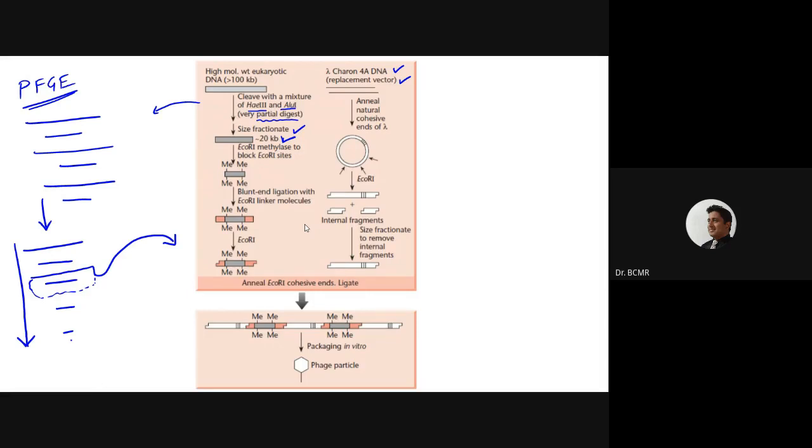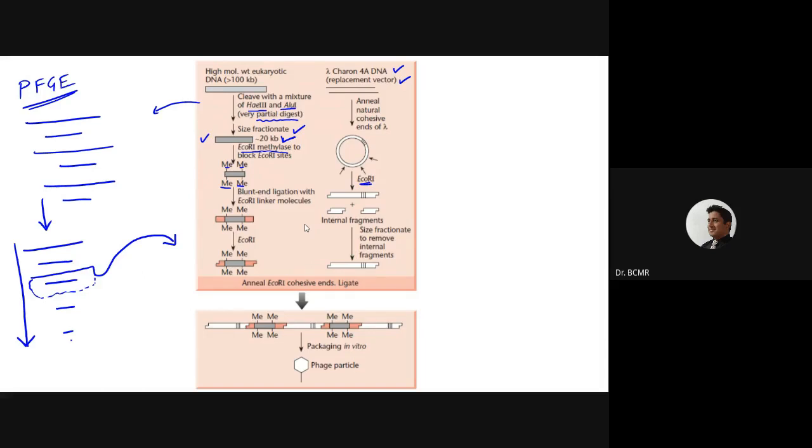Okay. And there is one more thing they do once upon size fractionation. I want to emphasize this one part, where they use EcoRI methylase to block all the EcoRI sites around. Now you have all the fragments that are approximately 20 kb, and you are supposed to clone them in the EcoRI site. Okay.